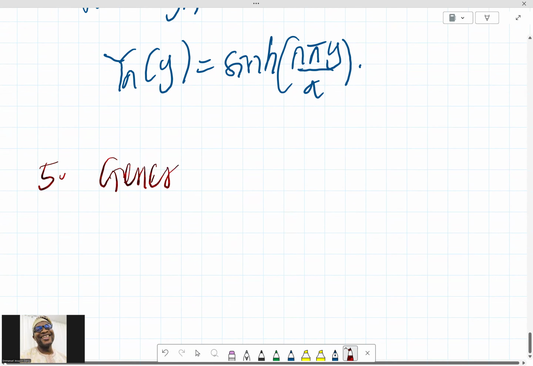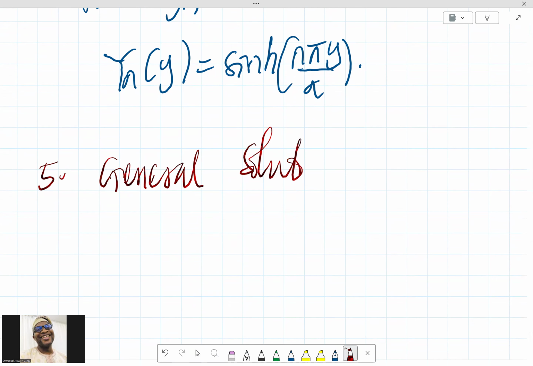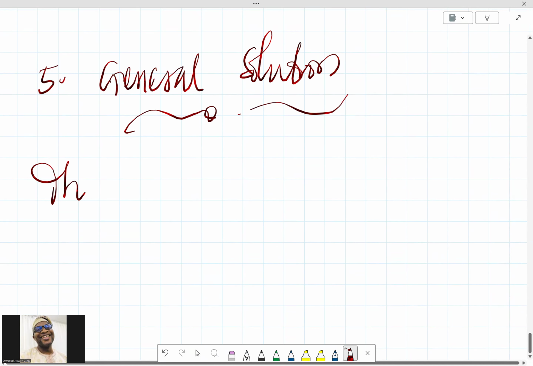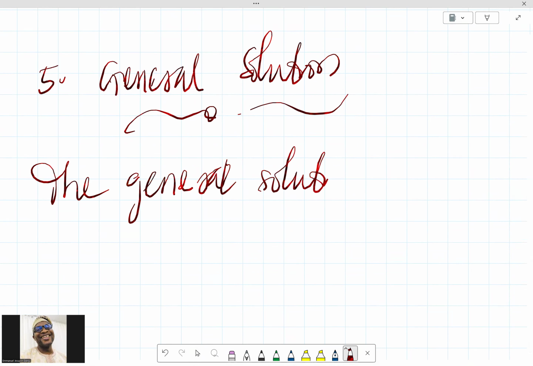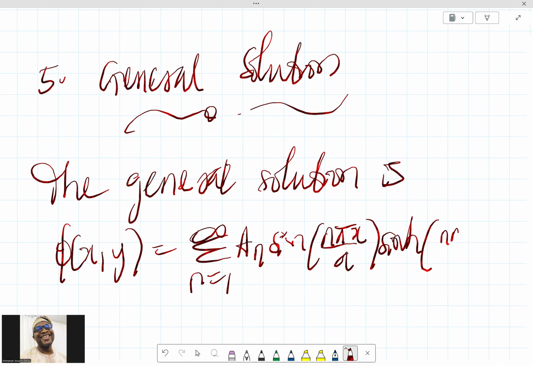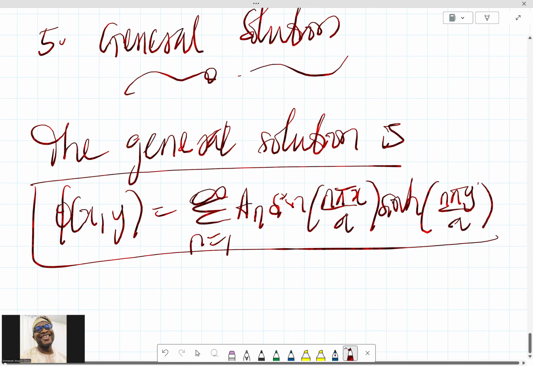The general solution is phi of x comma y equals summation from n equals 1 to infinity, talking about superposition now, A_n sine n pi x over a sine n pi y all over a. That's the general solution in this situation.